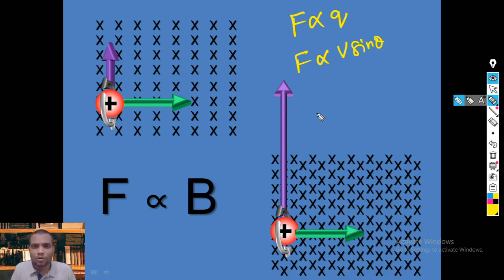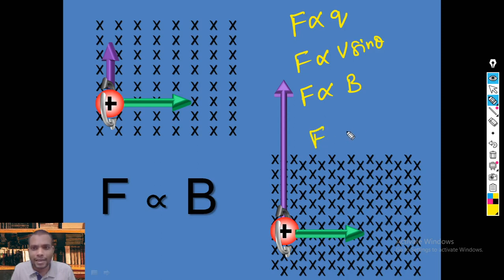That is the noticeable component, and the force is directly proportional to the magnetic field. Here theta is the angle between V and B, because the magnetic field is constant, but the velocity vector makes an angle theta with the magnetic field.